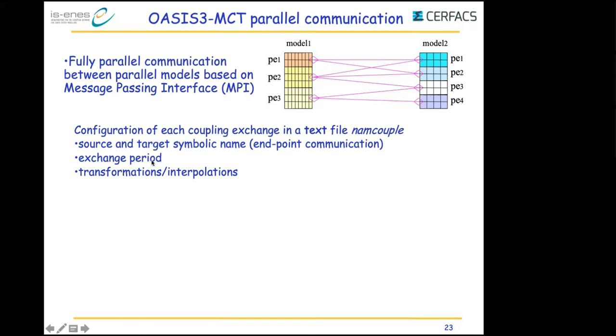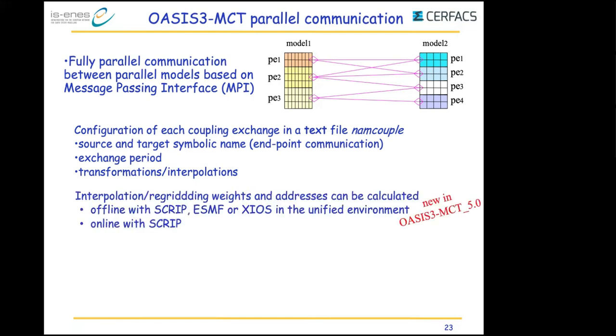That's where you specify the coupling period, and where you ask OASIS3-MCT to perform some specific transformation or interpolation. As I said, the interpolation weights and addresses can be calculated either online with SCRIP or offline with SCRIP, ESMF, or XIOS.